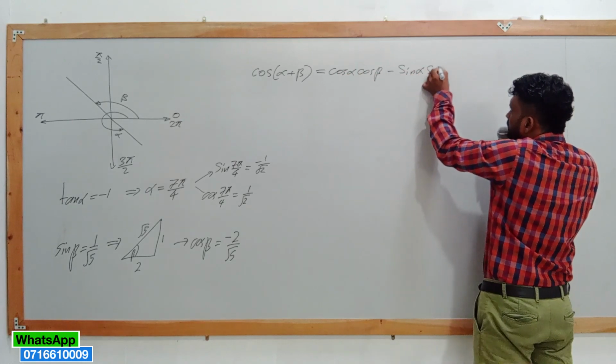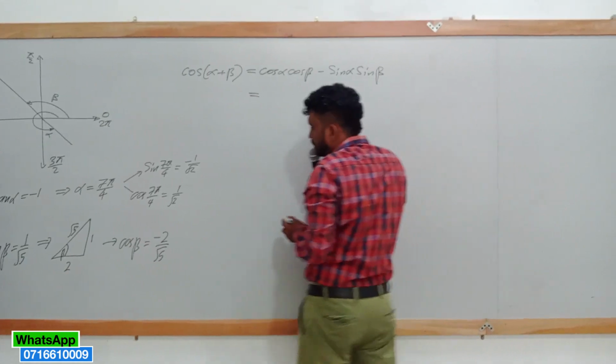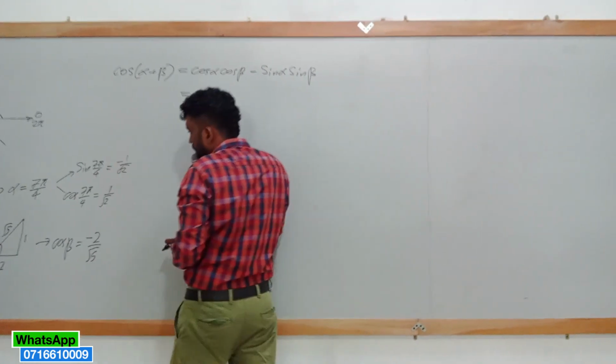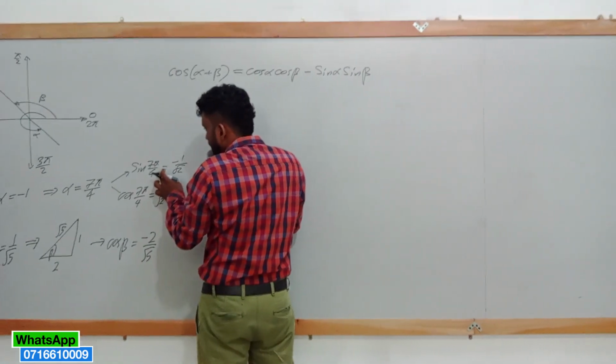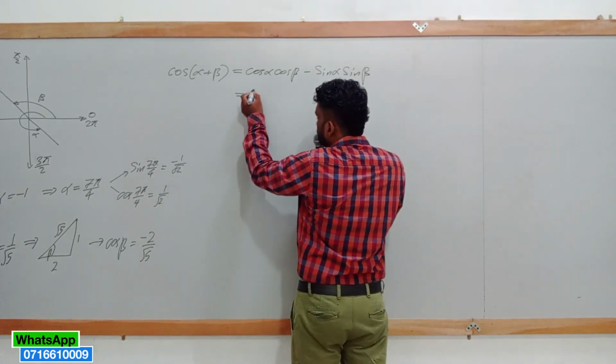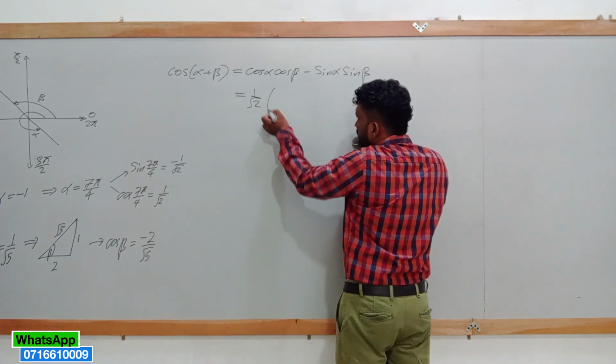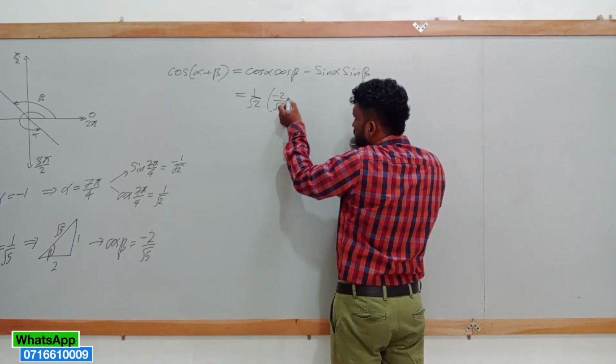sine alpha sine beta. Now we know cos alpha is this one here, 1 divided by root 2. What is the cos beta here? Minus 2 divided by root 5.